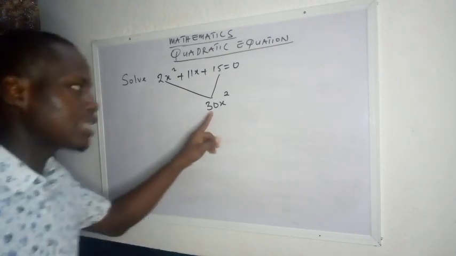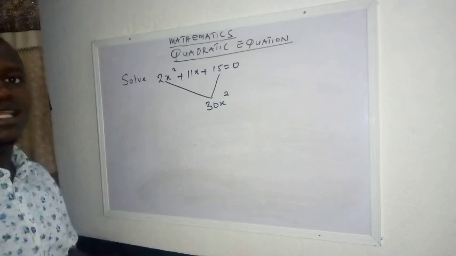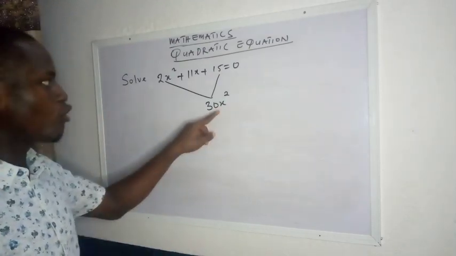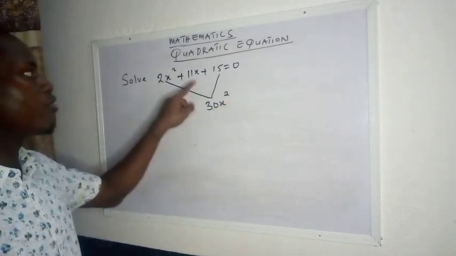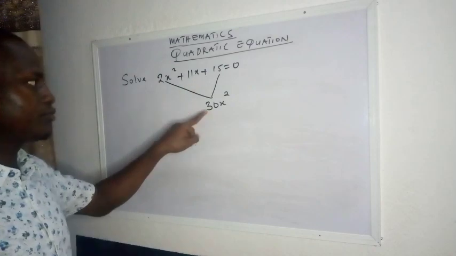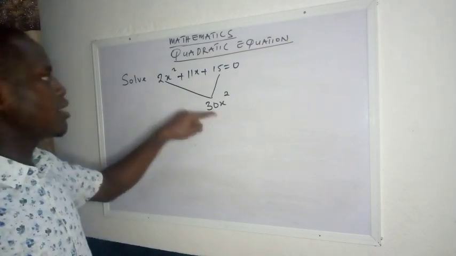Now next, I'm going to look for factors of 30x squared that will give me 11x when I add or subtract.